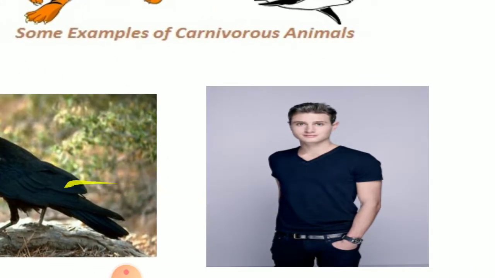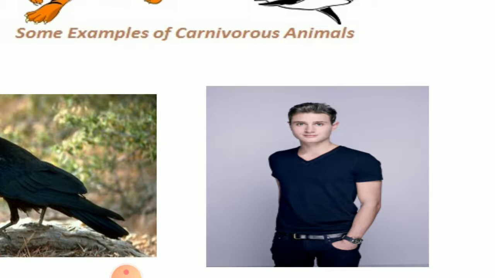See here, handsome boy. So this boy eats plant product as well as animal product. It's vegetable, so it's herbivorous. It's chicken, so it's carnivorous. Omnivores means eating both things, plant product and animal product.